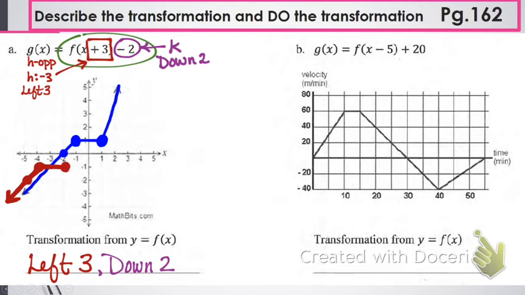I need to pick some other point so I can use my straight edge to get that over there. Look at your graph, because mine up on the screen is really fuzzy. 4 and 2 over here. No, 2 and 4. 2 and 4. So right here, right below the arrow. I'm going to take that point and make it go to the left 3. 1, 2, 3, and then down 2. 1, 2.